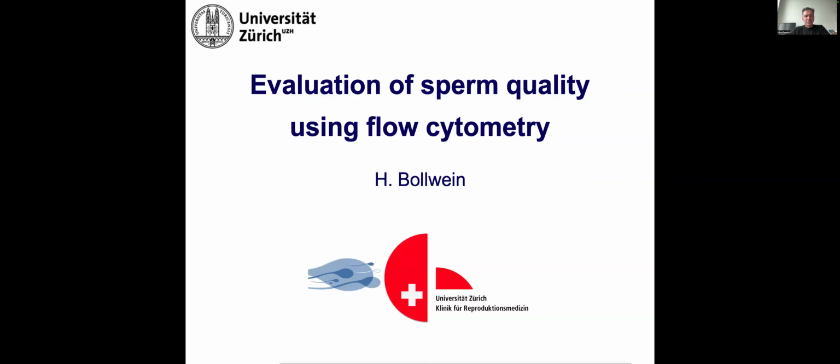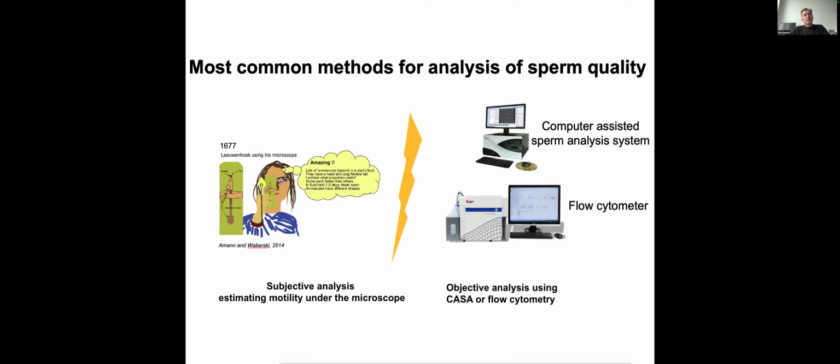I think most of you know that for about 350 years sperm can be examined because we have the microscope. Until about 40 years ago, this was the main thing, and nowadays it's still done with the microscope, but more and more we have other systems like the computer-assisted sperm analysis system, or now flow cytometry to determine sperm quality.